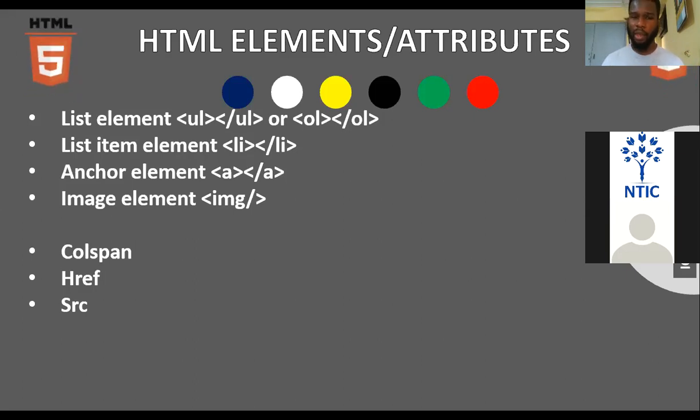If you want to link an external file into your HTML page, you use SRC, which stands for source. Colspan, href, SRC, and then height. These are all attributes that we look at today. And then we have alt.